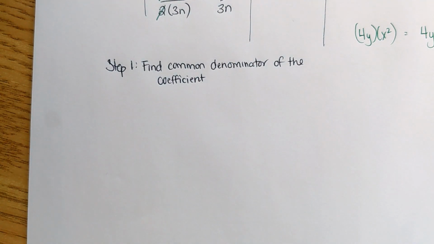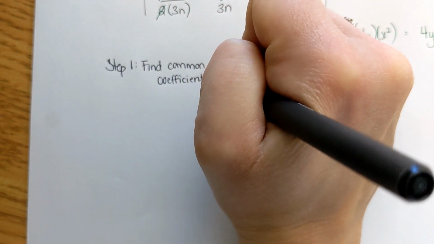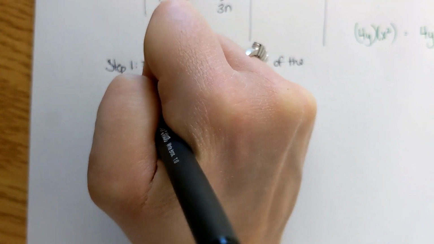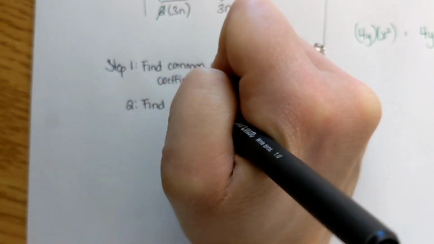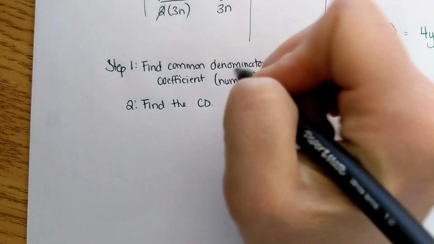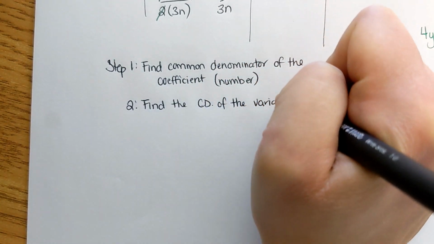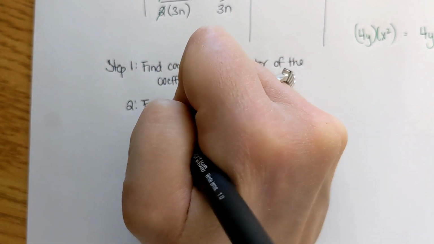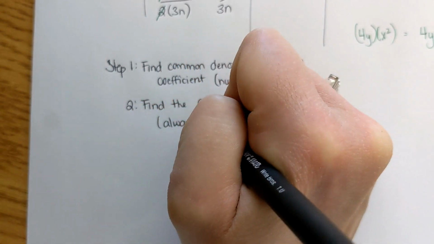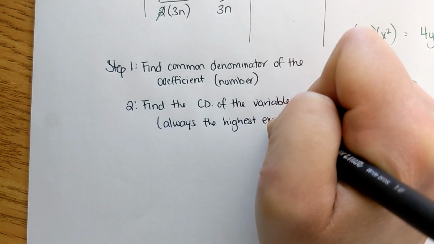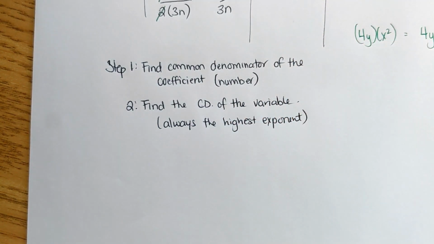That's the number out front. Okay, number 2, then you're going to find the common denominator of the variable. Hint, it will always be the highest exponent. Okay, always will be the highest exponent.